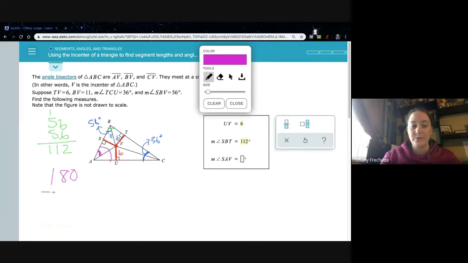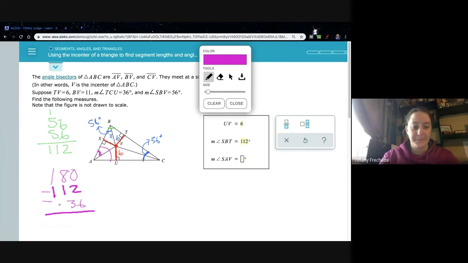So if I subtract 56 and 36, sorry, not 56. Sorry, it was 112. That's my mistake there. I didn't make the pencil smaller again.